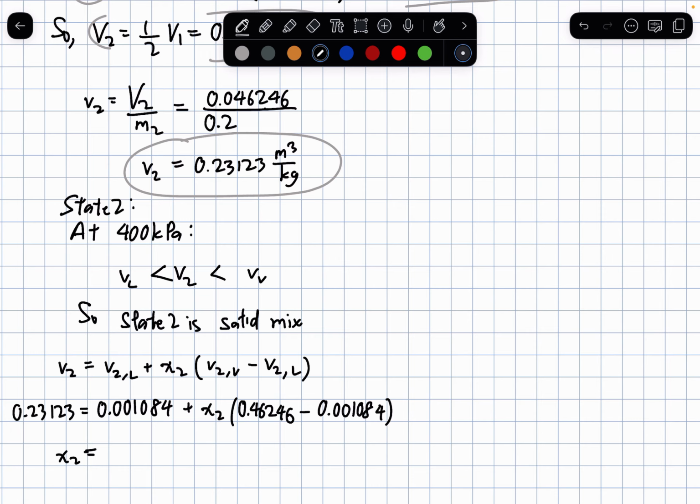Okay, so what is the quality at state 2? 0.23123 equal to 0.001084 plus x times quantity 0.46246 minus 0.001084.